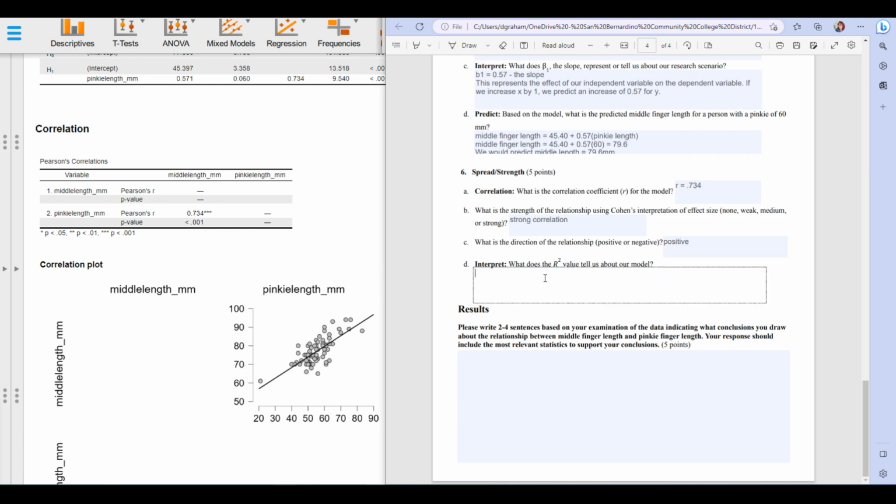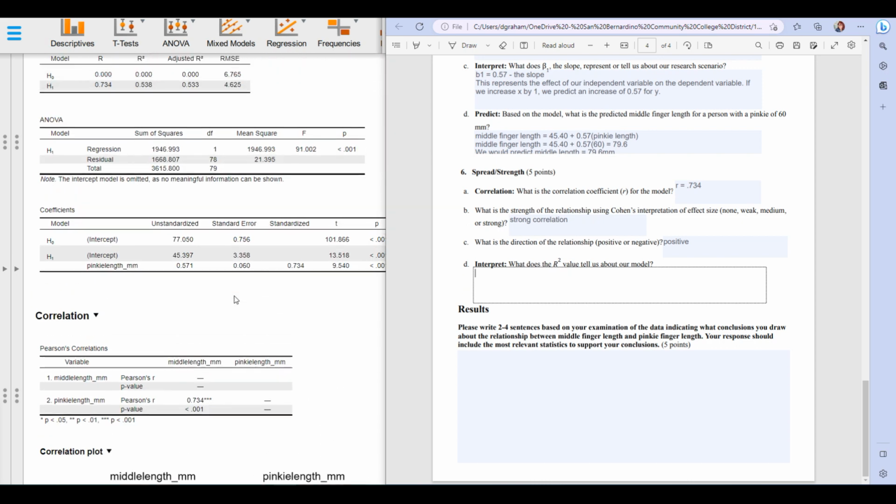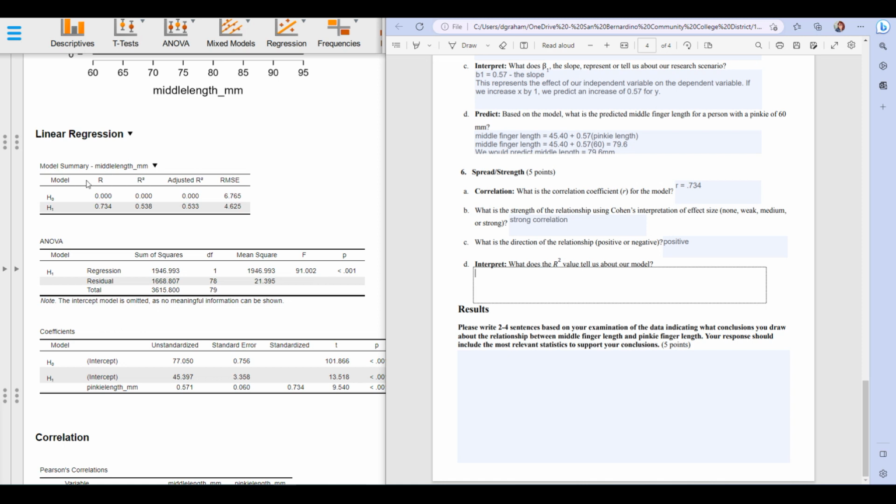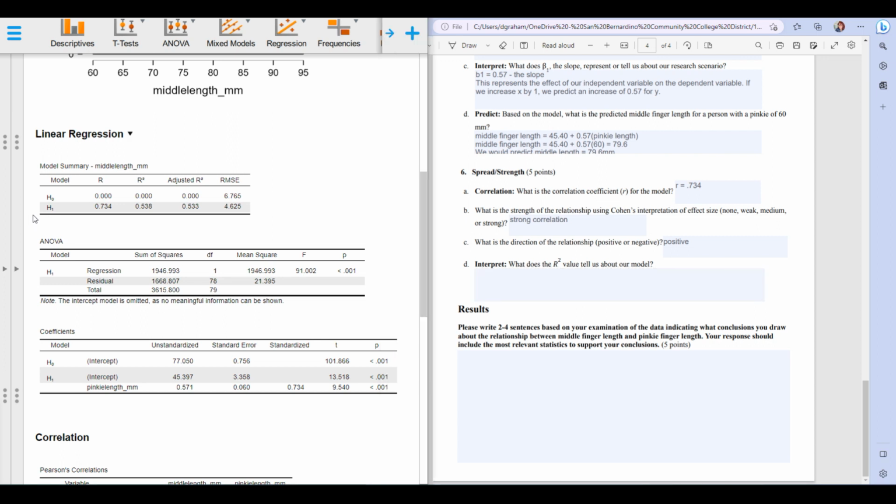Now on this r squared part, we're going to have to come back up to our regression model. In our model summary, we're looking at this H1 model. We want the model with pinky length in it. So if you follow this H1, what is the R that we see? 0.734. Interesting.